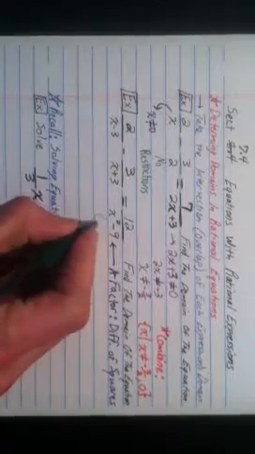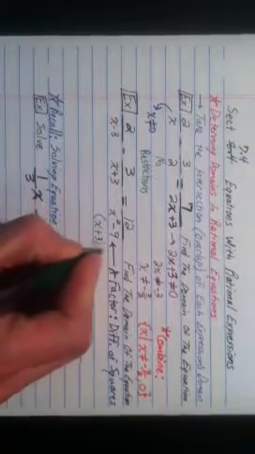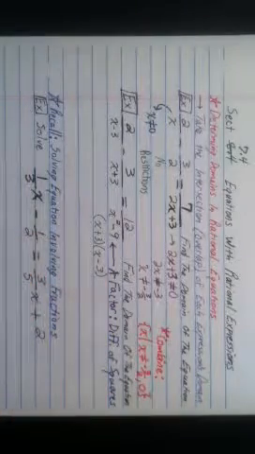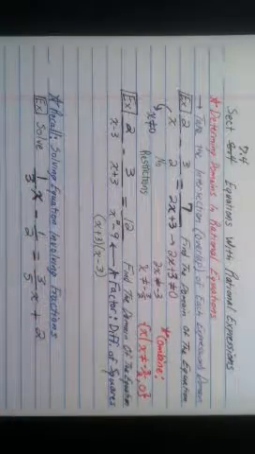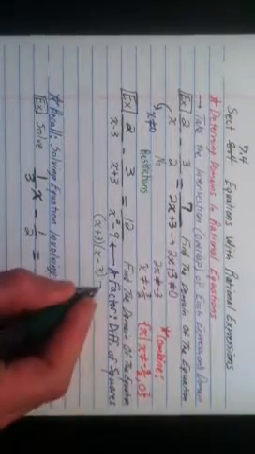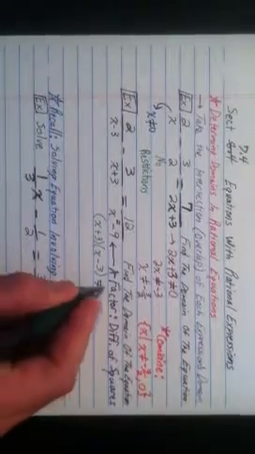Difference of squares always factors into x plus 3 times x minus 3, something that has two factors that are identical except for their signs. One's addition, one's subtraction. x times x gives us x squared, the 3 times negative 3 gives us the negative 9, and if you were to FOIL it out, the middle terms would cancel.